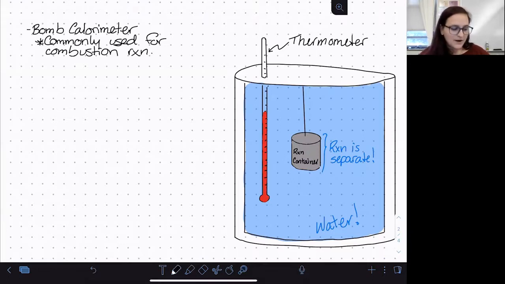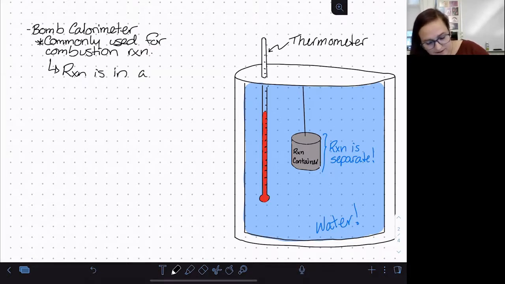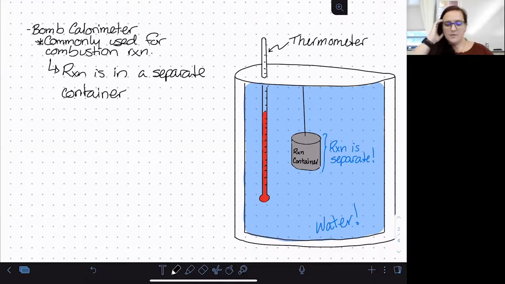So similar idea, slightly different setup. Important distinction being that our reaction is in a separate container inside of our calorimeter.